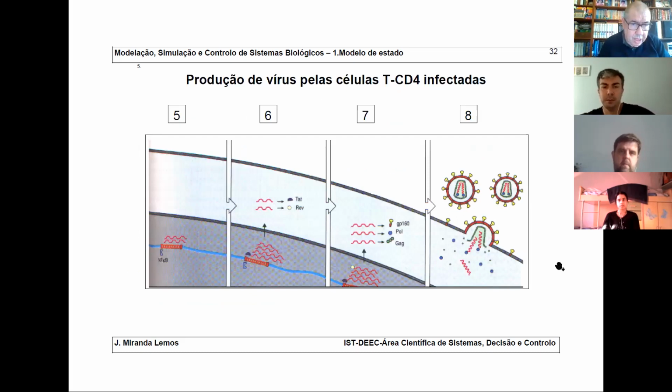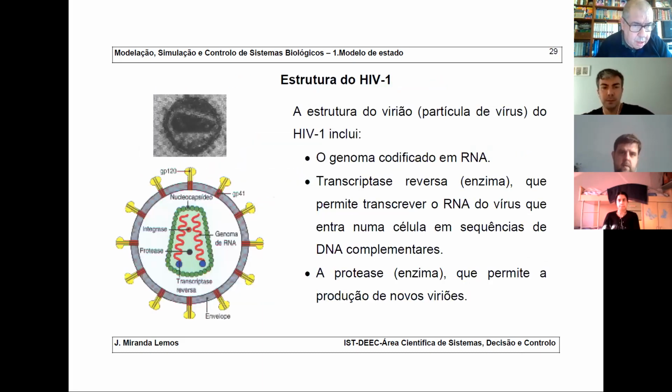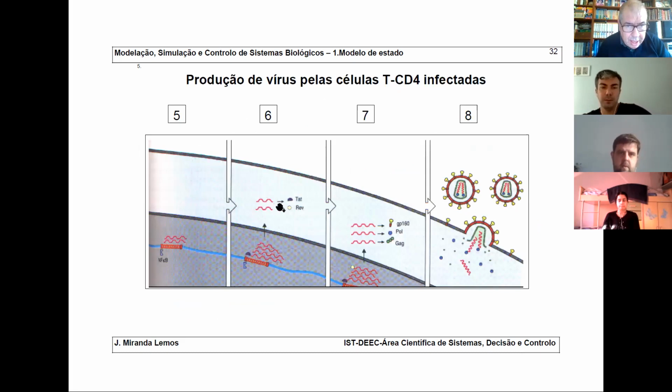And it starts producing another set of proteins and molecules that are then integrated by one of the enzymes, and form new particles of virus, new virus particles.